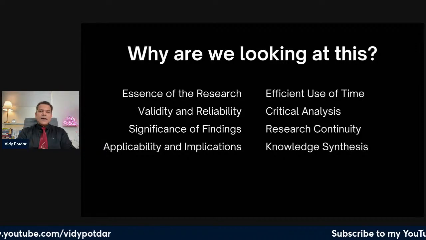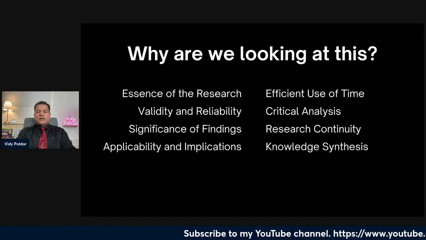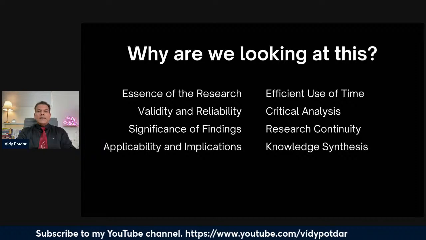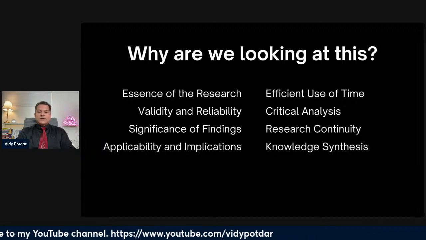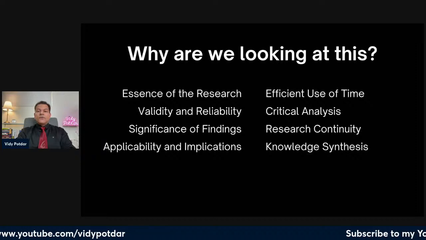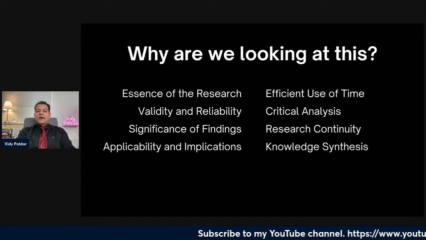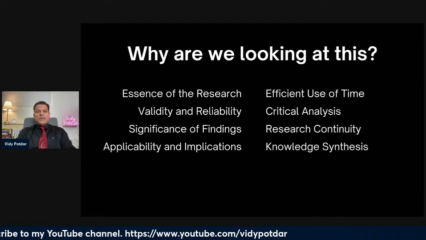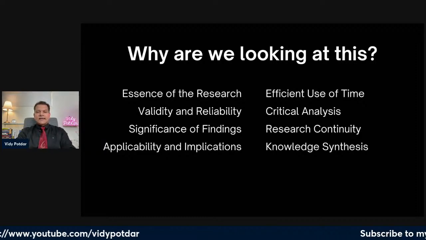So all these are examples of what information you're looking for when you are reading through a thesis. You can also understand the applicability and the implications of this research. It could also be for critical analysis. I mean, you're doing your literature review and you want to evaluate the most relevant literature, and this thesis happens to be a part of that exercise.